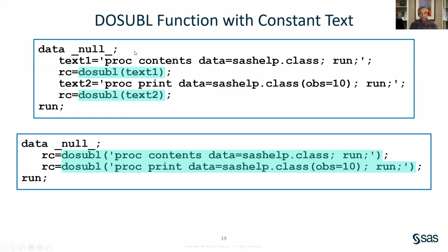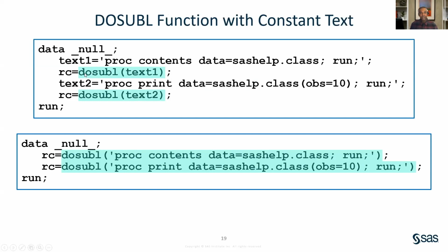Again, I'm doing a data _null_ because I'm using this function to help submit some code. I'm making a literal, which is essentially a PROC CONTENTS, a complete PROC CONTENTS step with a run statement, all in quotation marks.